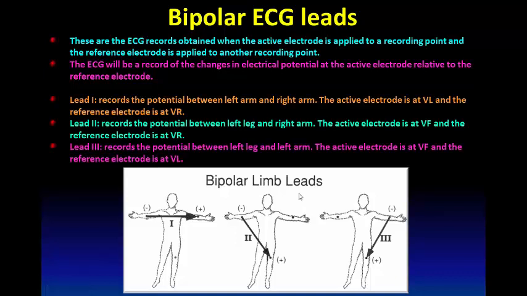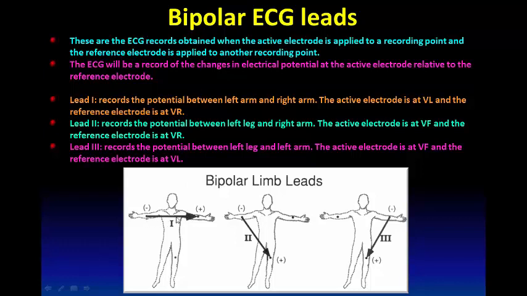We call the standard bipolar leads lead 1, lead 2, and lead 3. Lead 1 is different from lead V1. Lead V1 is a unipolar chest lead, while lead 1, this is a bipolar limb lead.